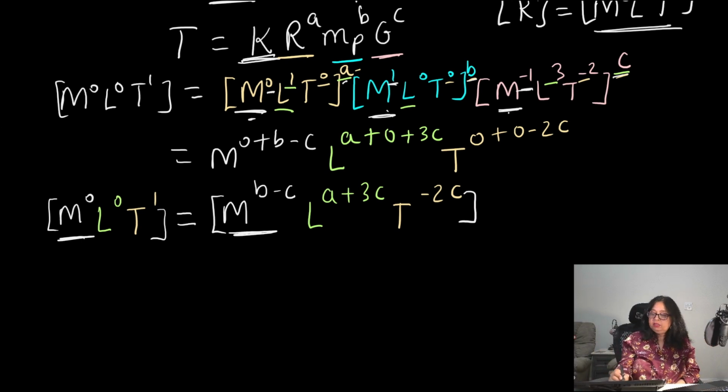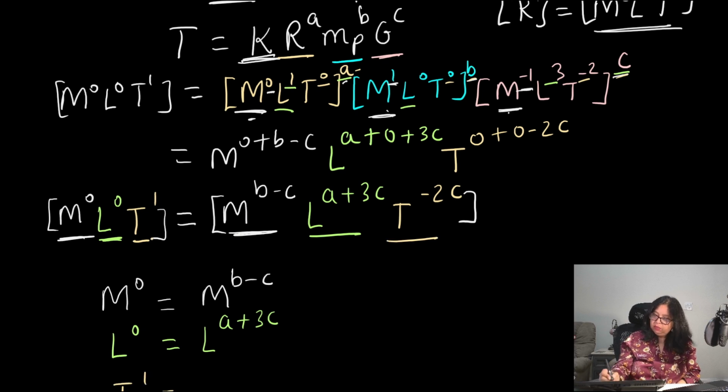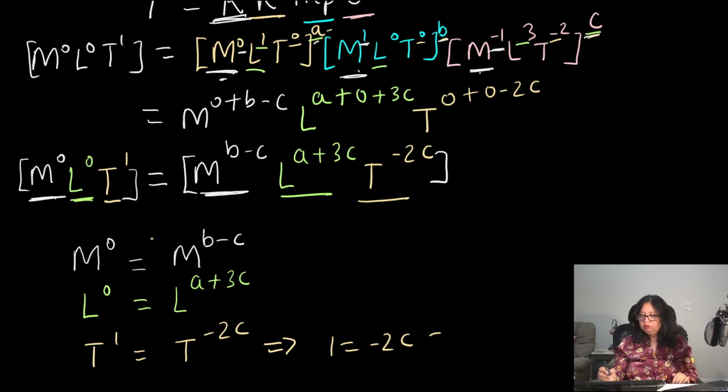Equate these two. And lastly, T to the 1 equals T to the minus 2C. What does this give me? This gives me 1 equals minus 2C, which gives me C equals minus 1 half.